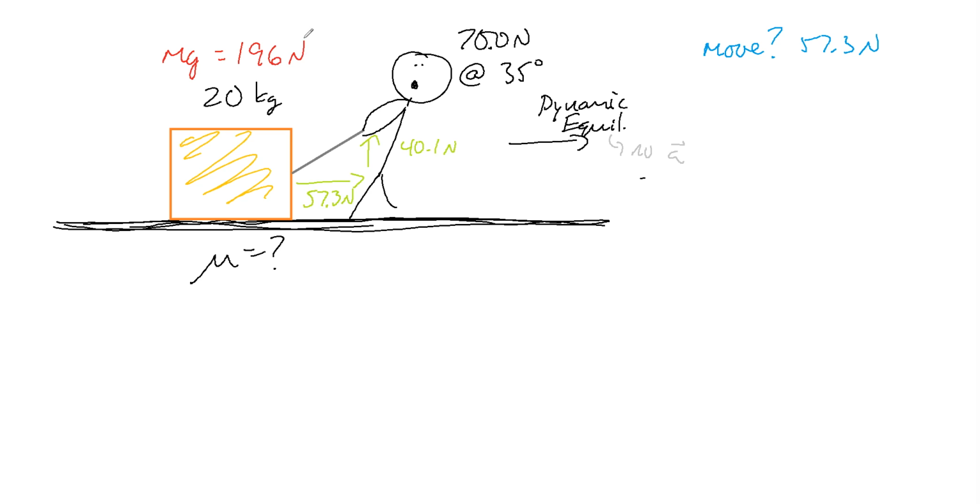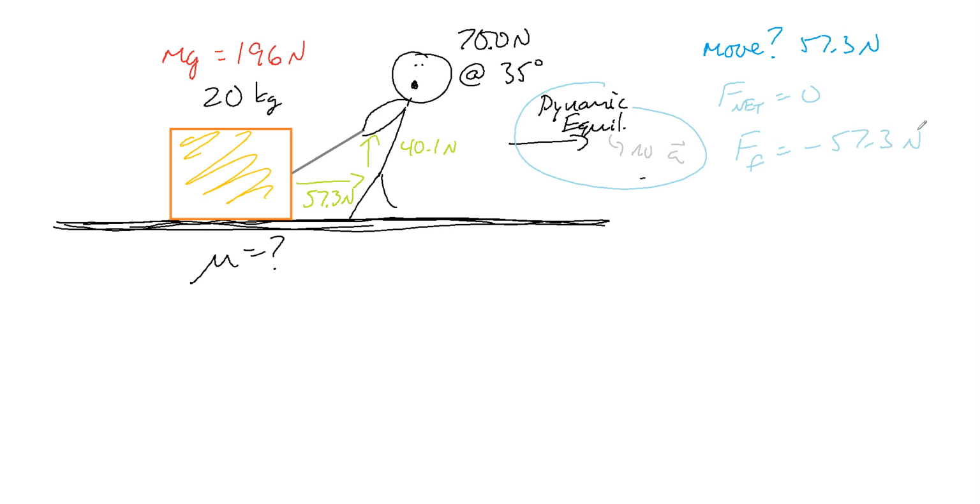Okay, so let's see if we can piece a few things together here. It's trying to move with 57.3, but I know that since it's in equilibrium, the net force has to be 0. So if the net force is 0 and 57 is trying to move it, that tells me that my force of friction must be negative 57 newtons.